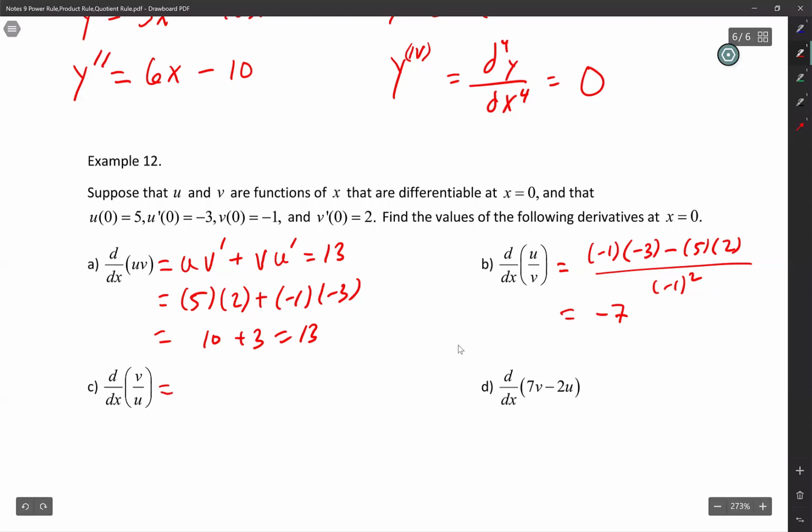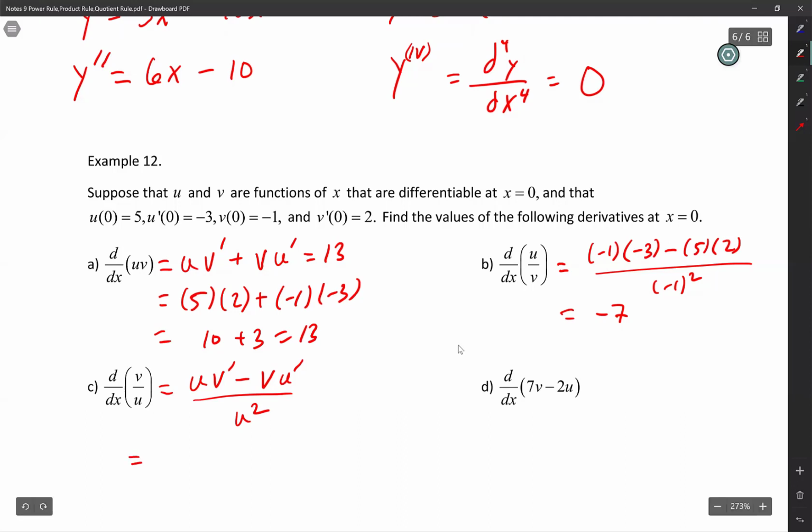All right, what am I going to do on this one? Quotient rule again, low d high. So I guess let me write it out first so you guys don't get confused. Bottom, low, d high, so derivative of the top minus top, derivative of the bottom, minus high d low, over low, low. And now I'm just going to plug it in.